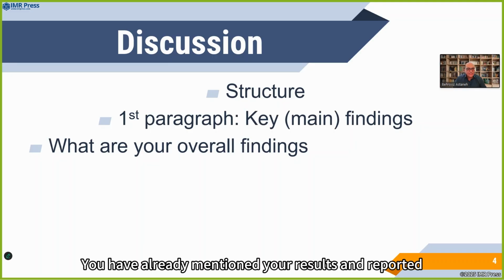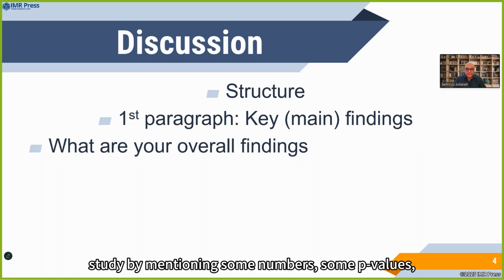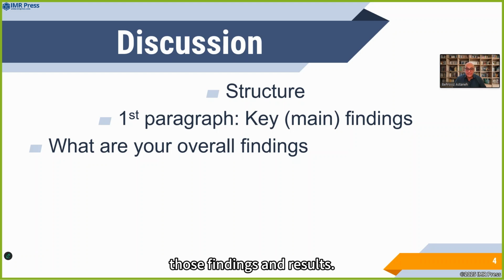You have already reported your results in the results section of your study by mentioning some numbers, some p-values, some confidence intervals, and readers are aware of those findings and results.